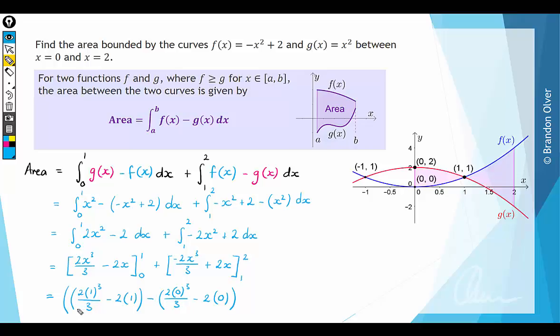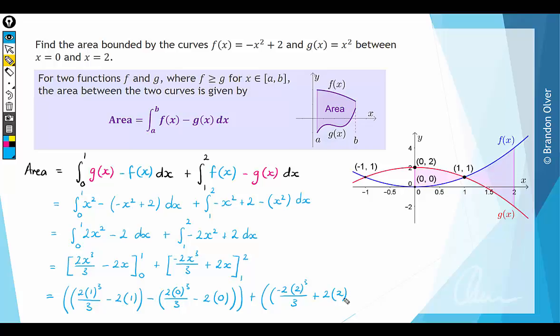And then that there is our first big square bracket, and then we add on our second big square bracket. So we're going to have negative 2, and we're going to substitute x equals 2 in first, so 2 to the power of 3 over 3, plus 2 times 2.